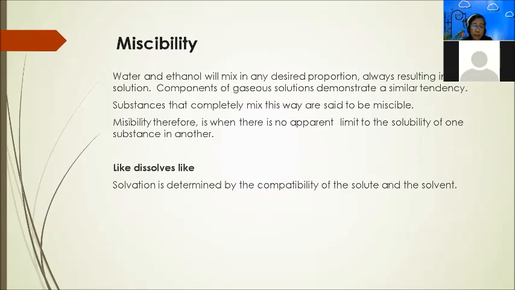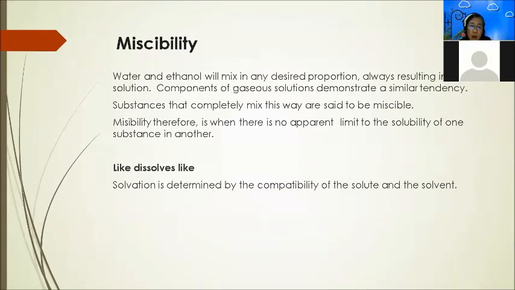Because water, being a polar substance, has a positive end and a negative end. And then sodium chloride is an ionic compound, okay? And in water will produce positively charged sodium ions and negatively charged chloride ions. So, yun yung ibig sabihin ng like dissolves like.